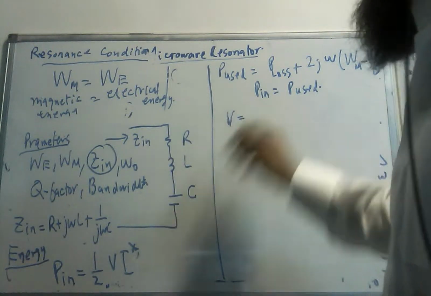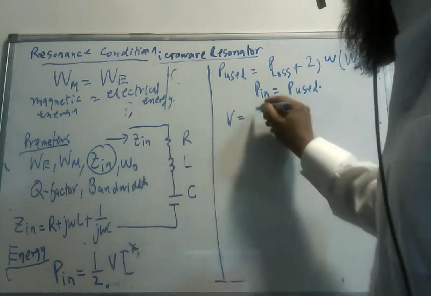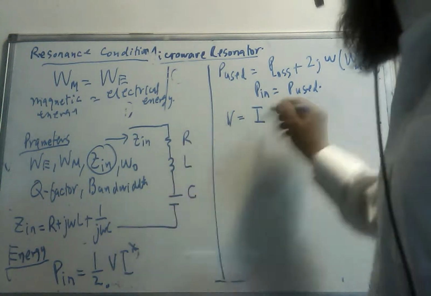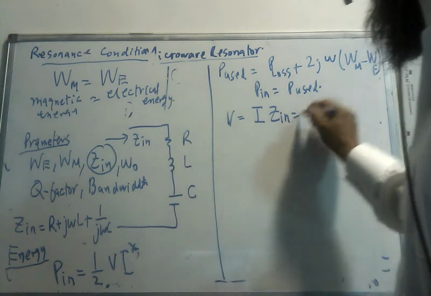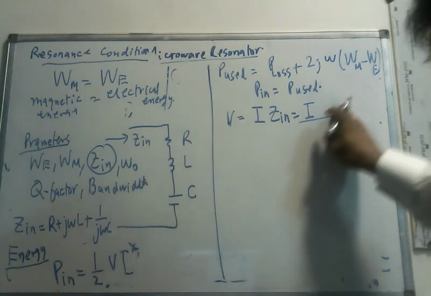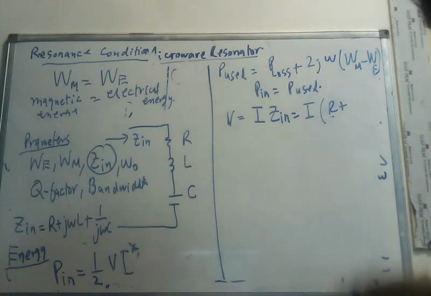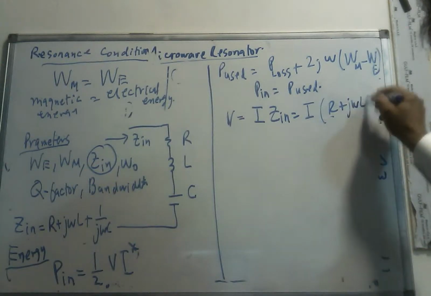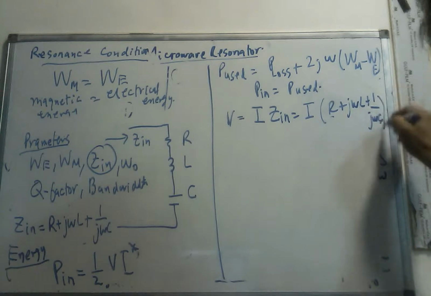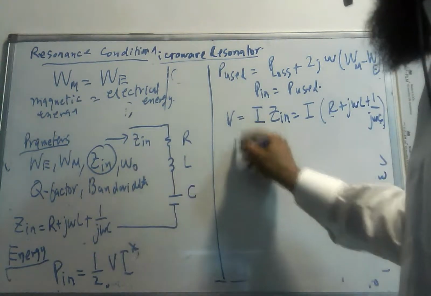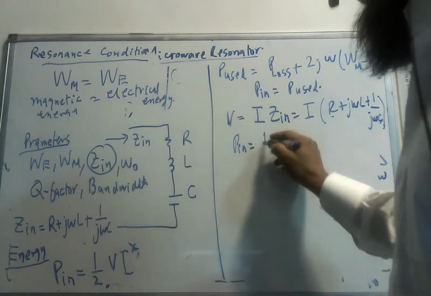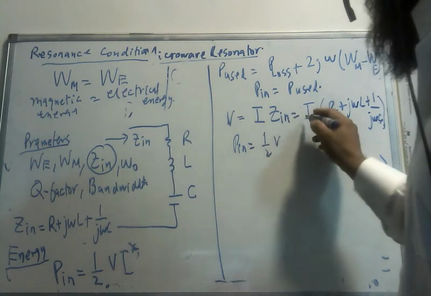The voltage is given by the current multiplied by the impedance, which is R plus j omega L plus 1 over j omega C. So P in is equal to 1 over 2 V I conjugate.